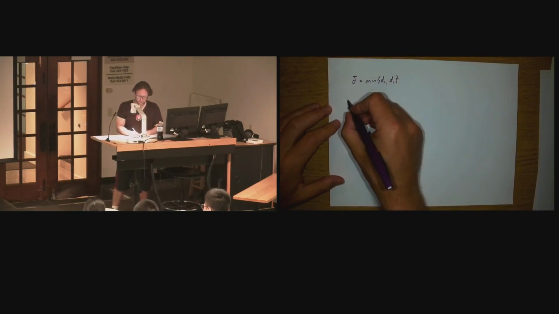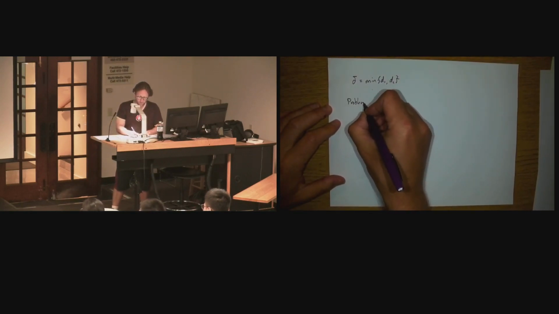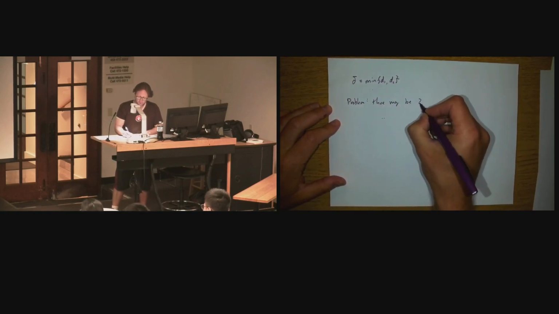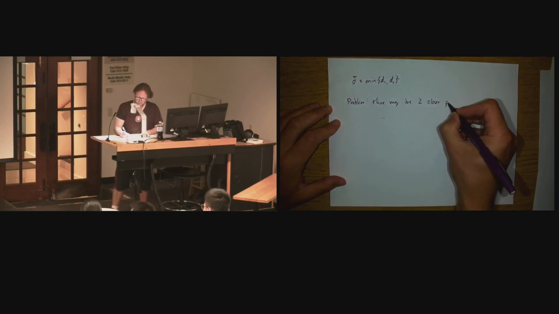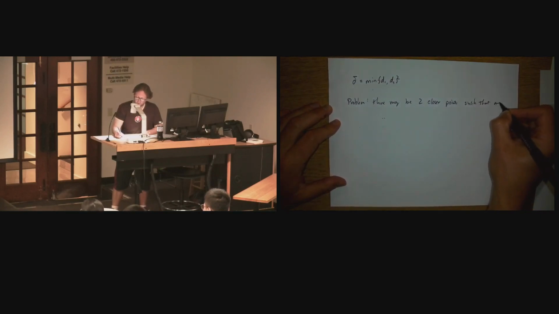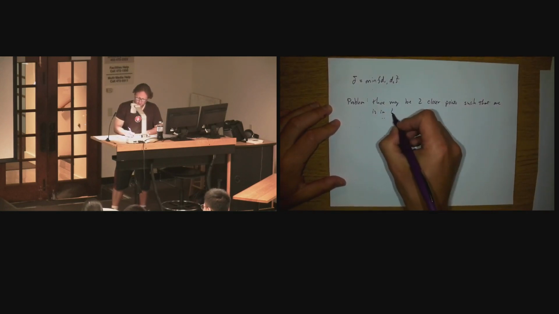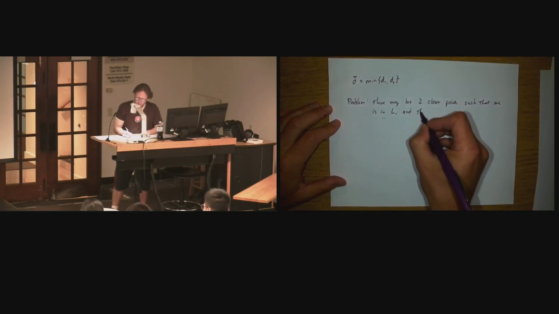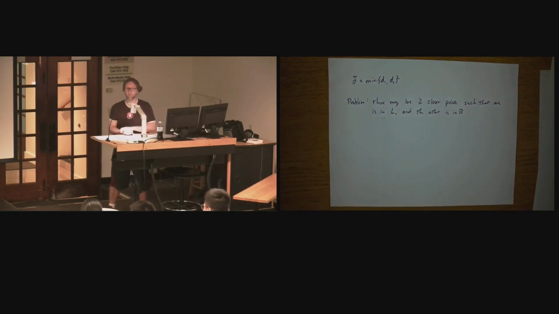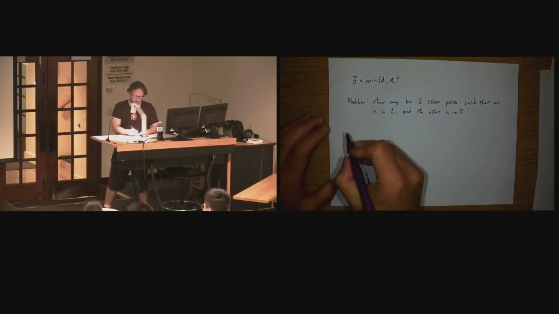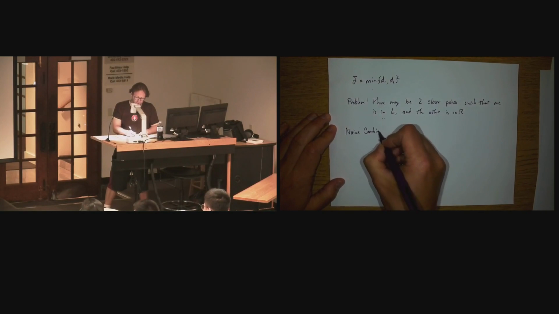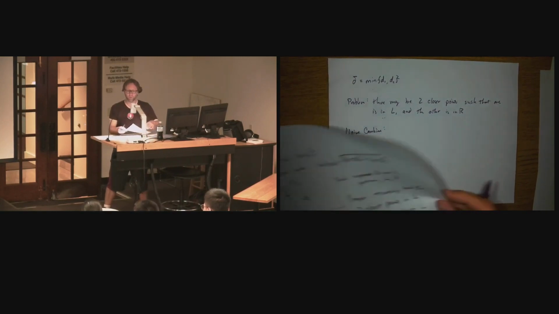Here's the problem. There may be 2 closer points such that one is in L and the other is in R. So the naive way of combining these two things would be what?